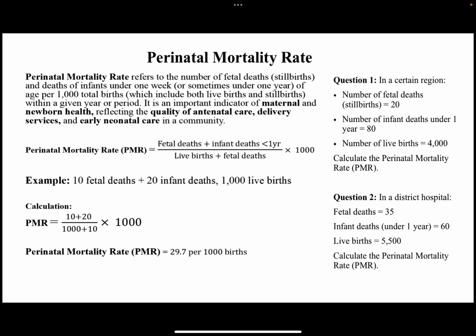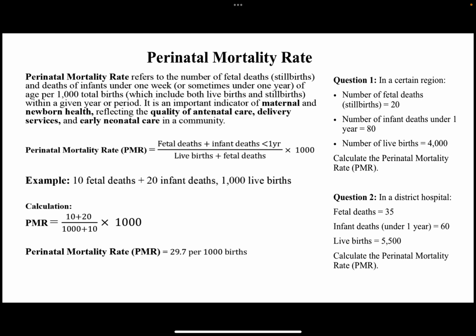Okay, so you are going to get 24.8 or 24.9. So the perinatal mortality rate is 24.9 per 1,000 births. Let's look at the second question.